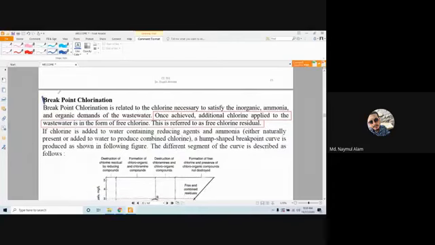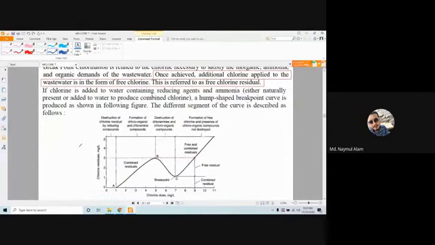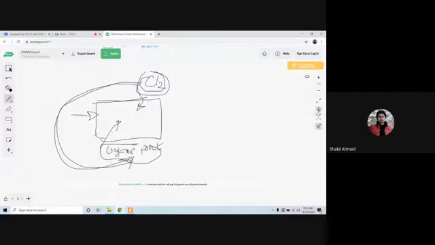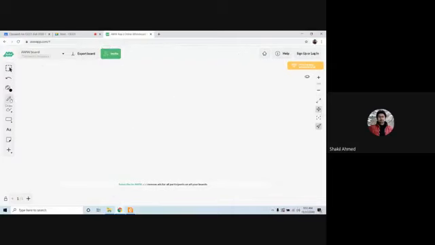So, breakpoint chlorination. First of all, we need to determine how much chlorine we need to add, right? Yes, sir. And different types of water may have different pollutant concentrations.